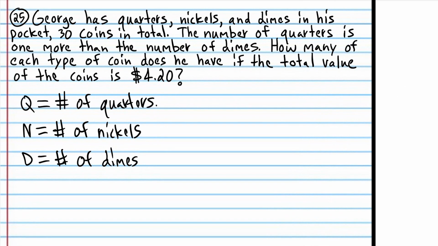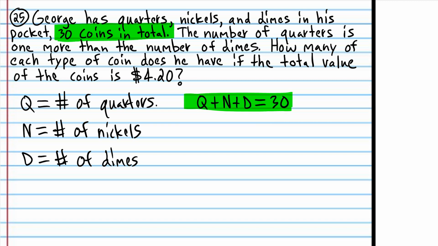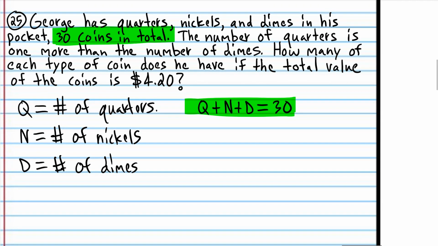Okay, so we know that the number of quarters plus the number of nickels plus the number of dimes is equal to 30. How do we know that? Well, because it says that in green up there. We also know that the number of quarters is 1 more than the number of dimes. How do we know that? Because it says up there.